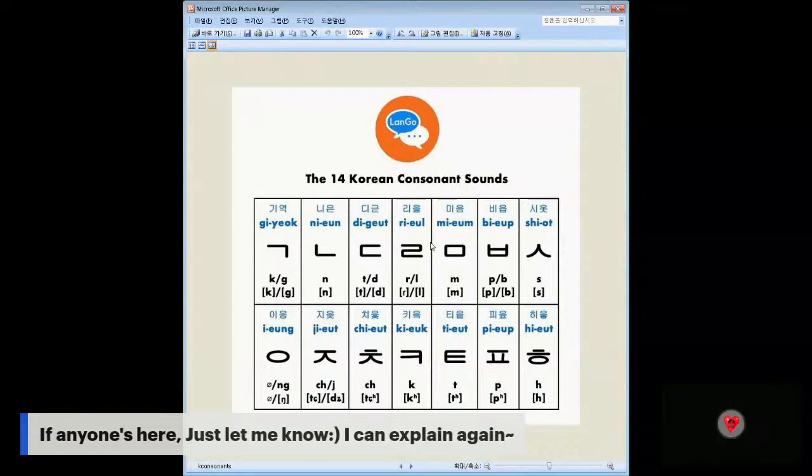Real. You just touch the tip of your tongue. You just touch your upper mouth a little bit with the tip of your tongue. Real. Yeah. And I bet you guys know how to say I love you in Korean.